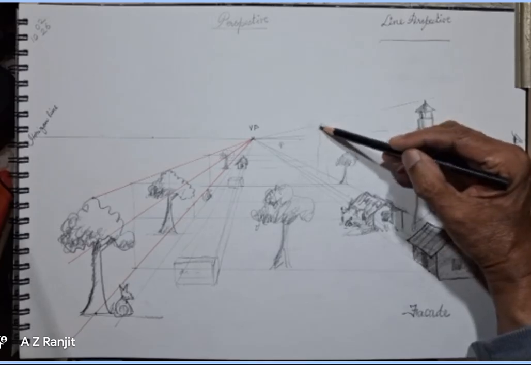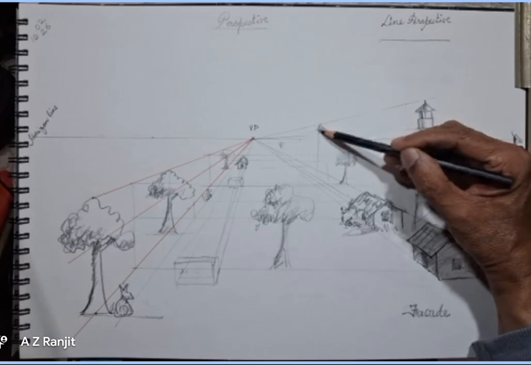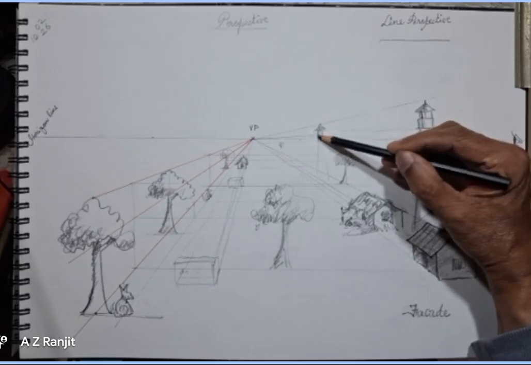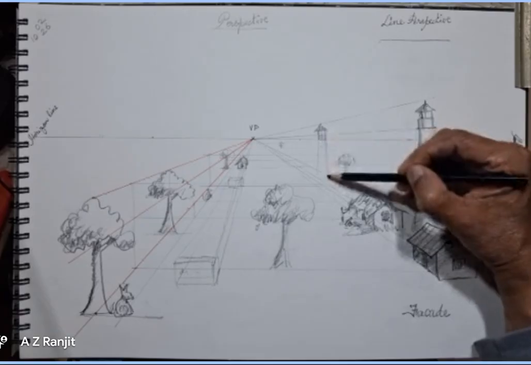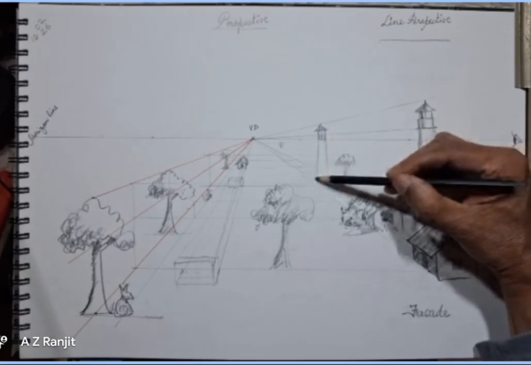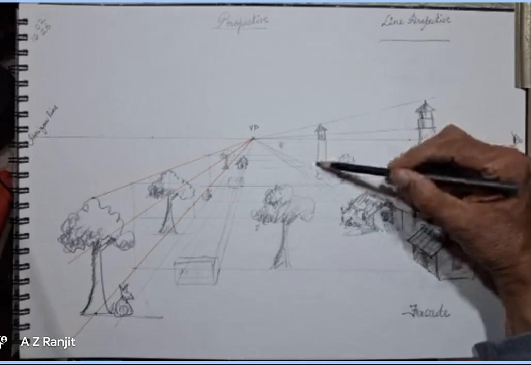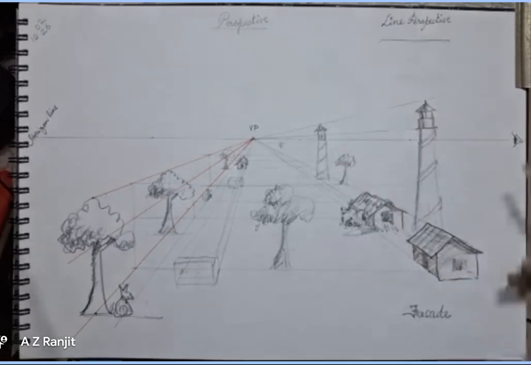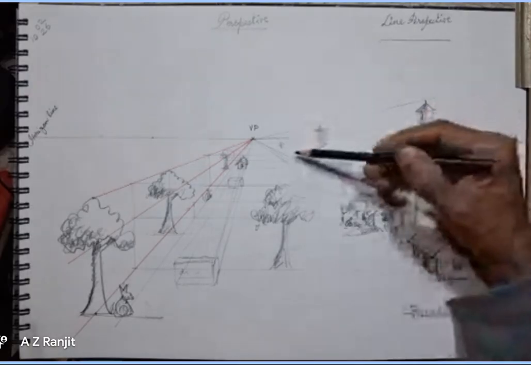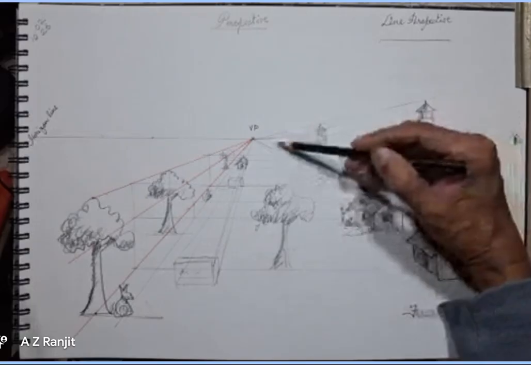And the line also becomes lighter, and automatically looks as if it is far away.